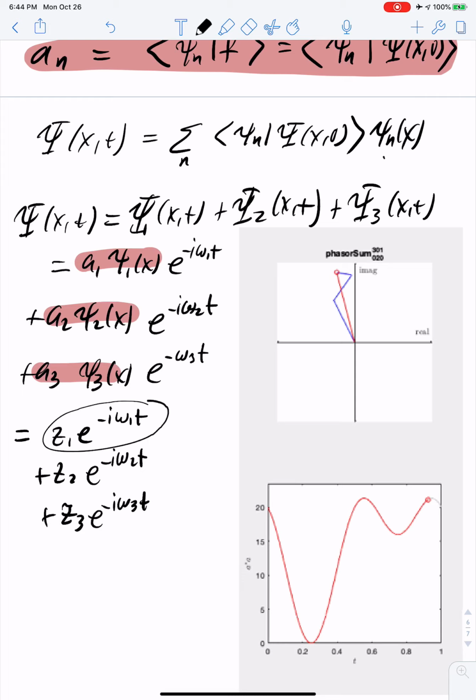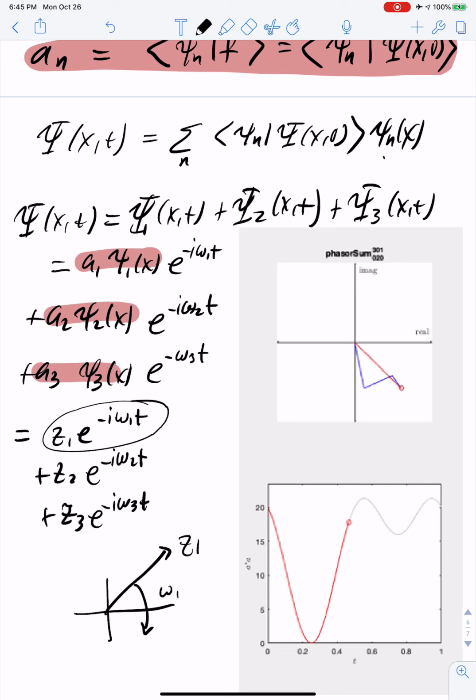If you remember, this in general all by itself, if we drew it in the complex plane, if this is z1, the complex number, in time, it just rotates around with angular velocity omega 1. Okay, so it's just going around.